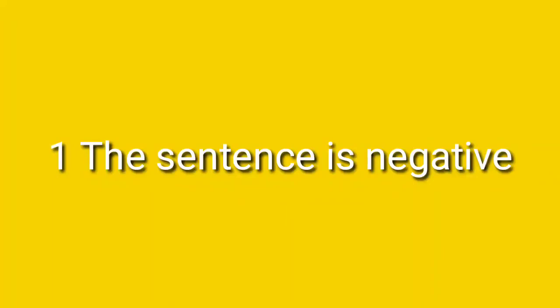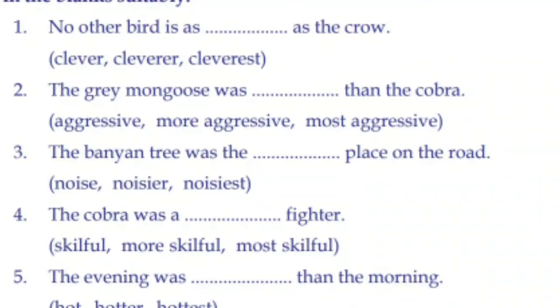One, the sentence is negative as it starts with 'no'. Another clue is that there is the conjunction 'as' in the sentence. So, the sentence can be completed with the option clever, and the answer is: No other bird is as clever as the crow.